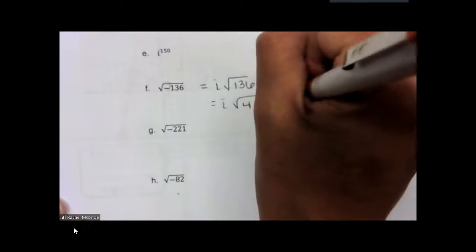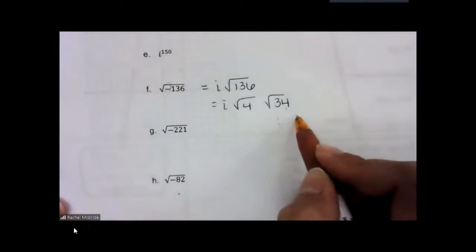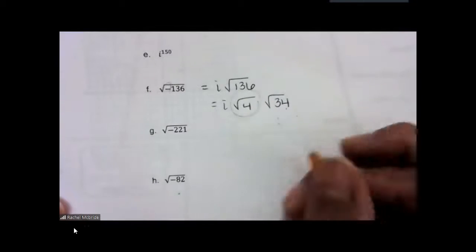Anytime you have a negative, it gets an i. And then you want to break the number down into its perfect squares. So 136 divides by 4. 34 is 17 and 2, so it doesn't reduce. The square root of 4 is 2. So you get 2i square root of 34.